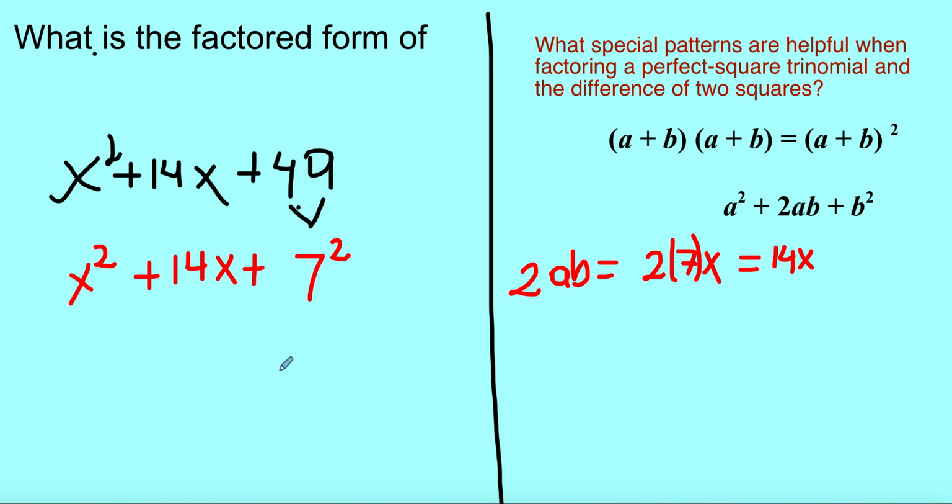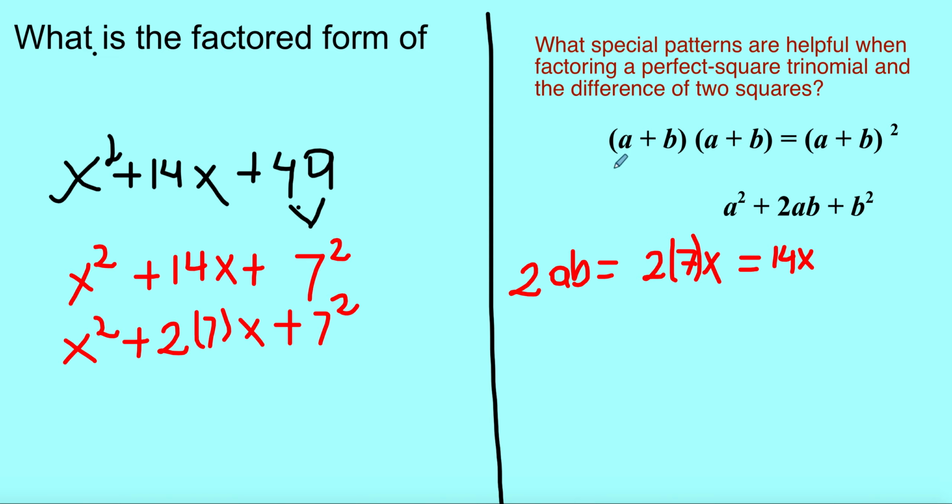Now, let's bring down everything else because I think we complete the pattern: x squared plus 2 times 7 times x plus 7 squared. So as we see here, we fit the pattern of the factored form.